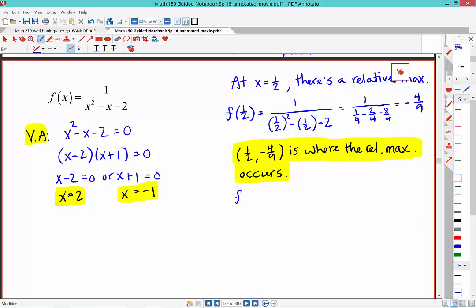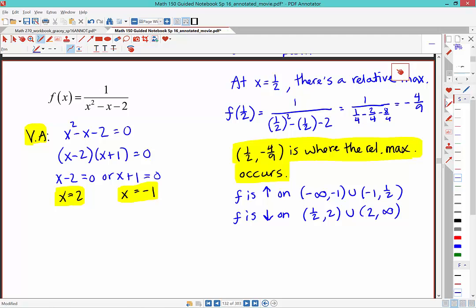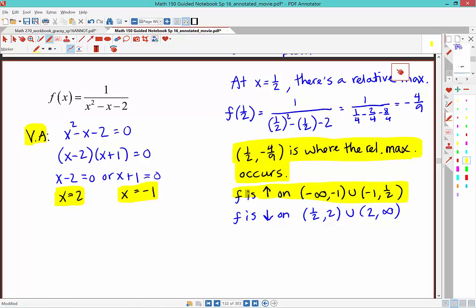So f is increasing on minus infinity to minus 1 union minus 1 to positive a half. And f is decreasing on 1/2 to 2 union 2 to infinity. And those are other important things for our graph.